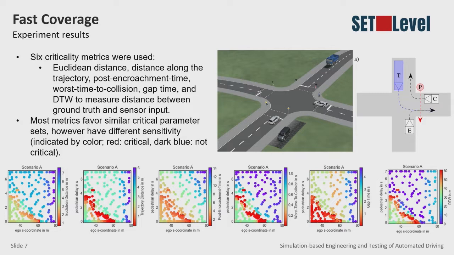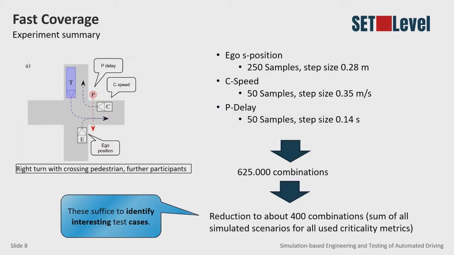So it did not have to pay too much money to the cloud providers for providing this computation power to get to these results. For this procedure, the experiment summary, we had potentially some 600,000 combinations to explore.